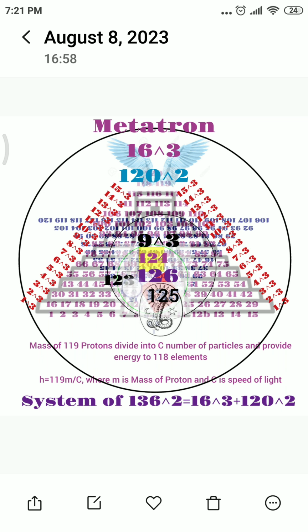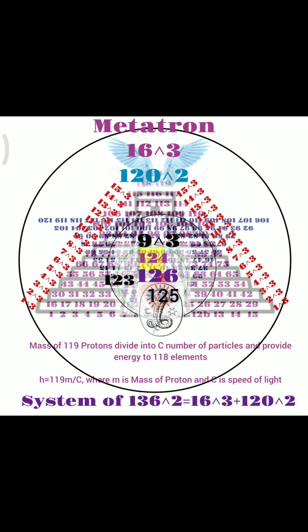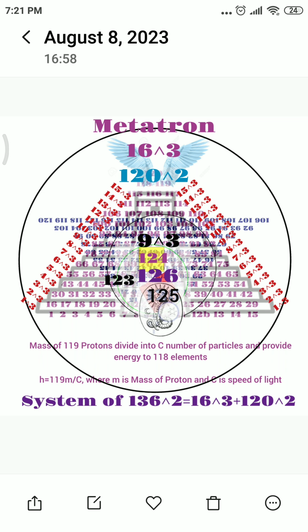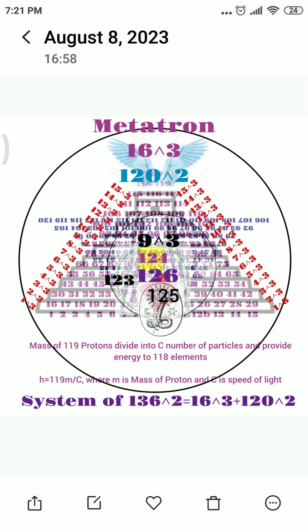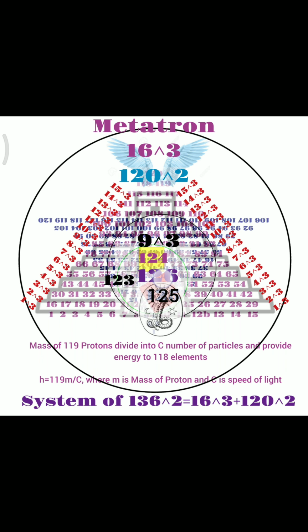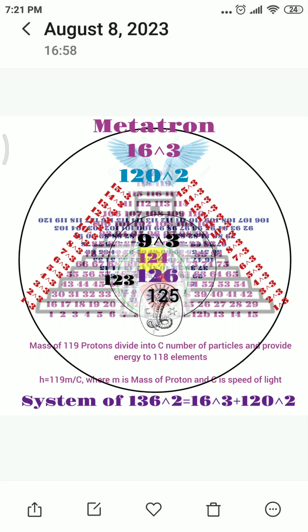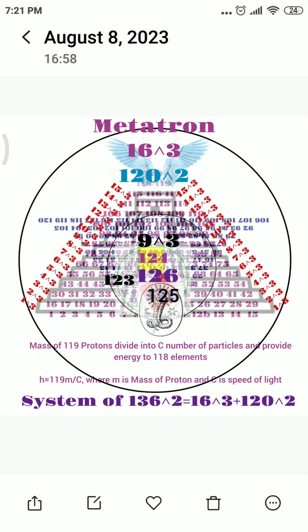If you want to break away from the grip of the coils of this guy, you have to achieve 126 at the minimum. The one who achieves and creates this element 126 can no longer be controlled by this guy 125.